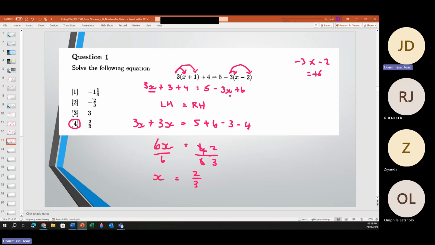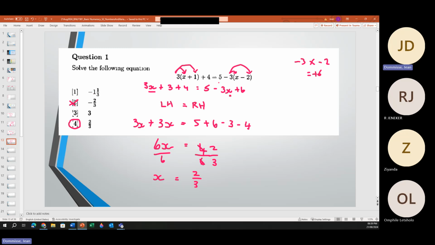Okay, there is also the minus 2 over 3 if somewhere you made a mistake with the numbers. I just want to show you guys, if you had not said minus 3 times minus 2 is plus 6, but said minus 6, that would have been how you got to that number, or even that number in option 1.